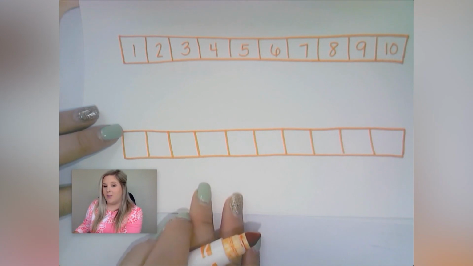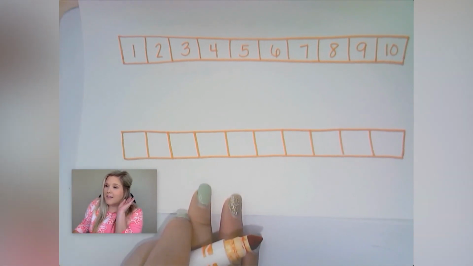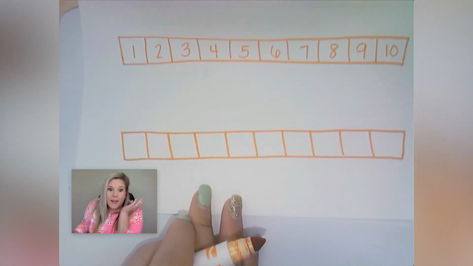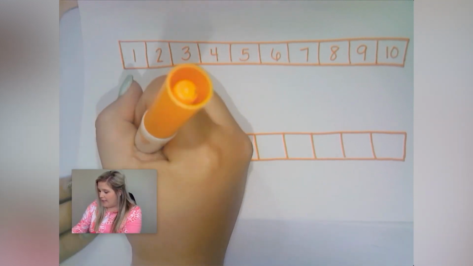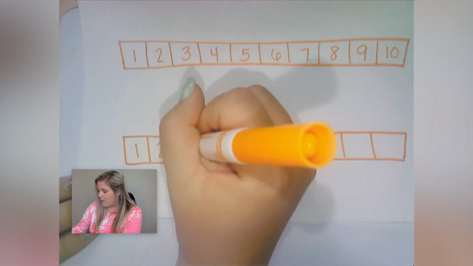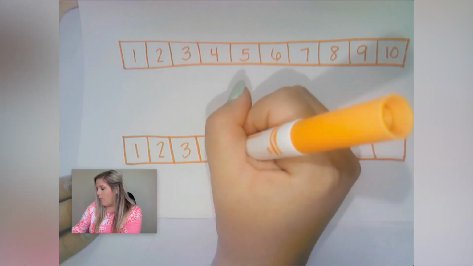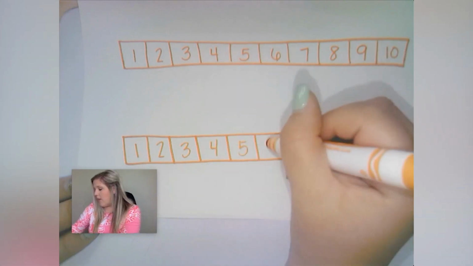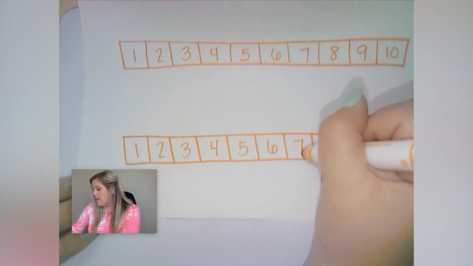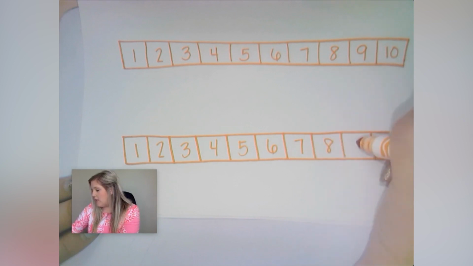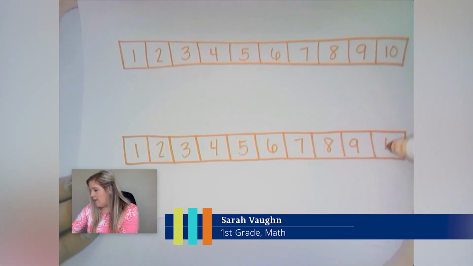And what do we do last? We write our numbers. 1, 2, 3, 4, 5, 6, 7, 8, 9, 10.